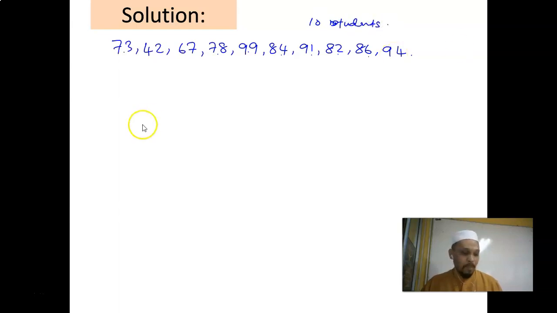Okay, now to arrange them, let's arrange the numbers of data here from the lowest to the highest. This is the first one, right? 42. Okay. 67. 73. 78.